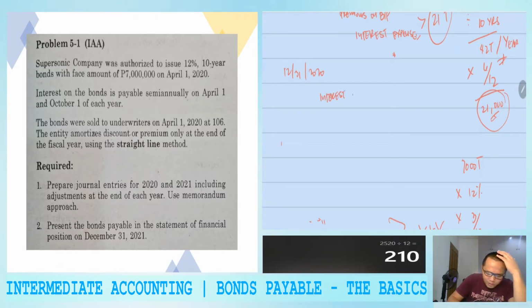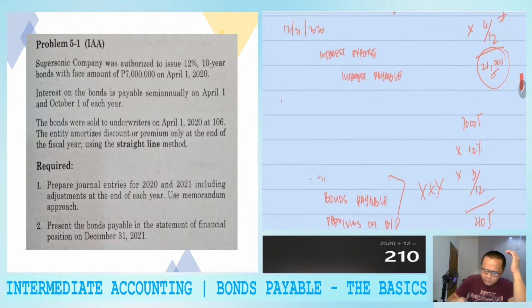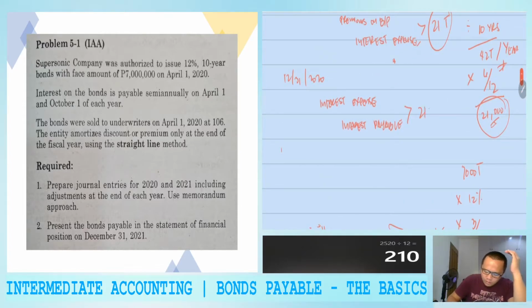Debit, interest expense, credit, interest payable, 210,000.